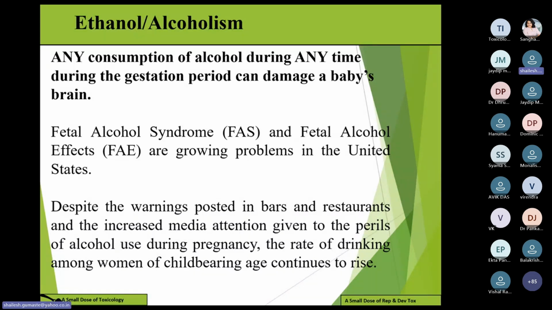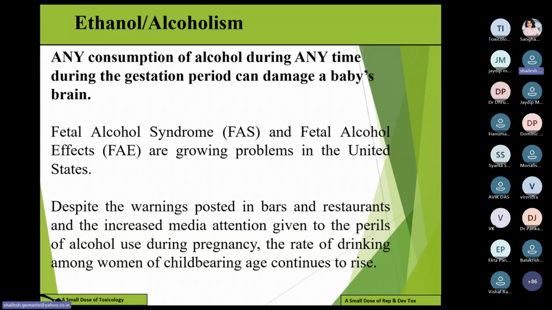So, ethanol and alcoholism. Any consumption of alcohol at any time during the gestation period can damage the baby's brain. So fetal alcohol syndrome and fetal alcohol effects are growing problems in the United States.